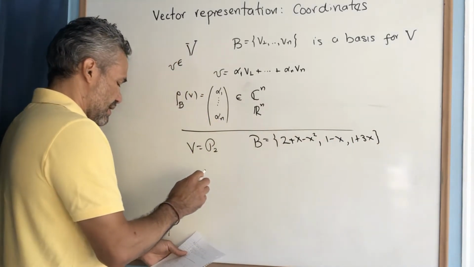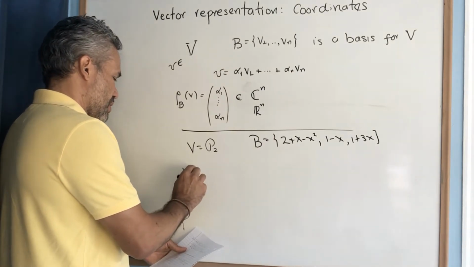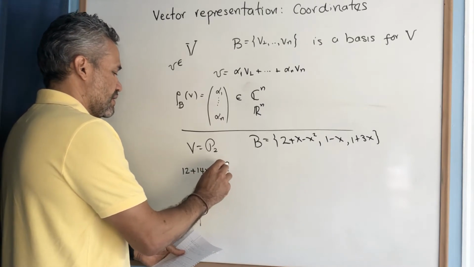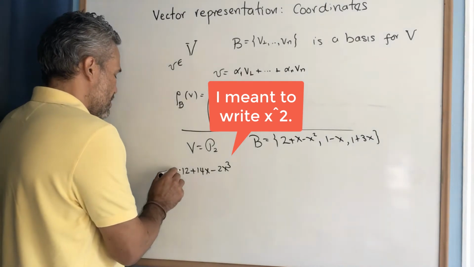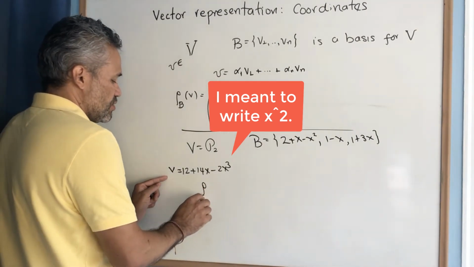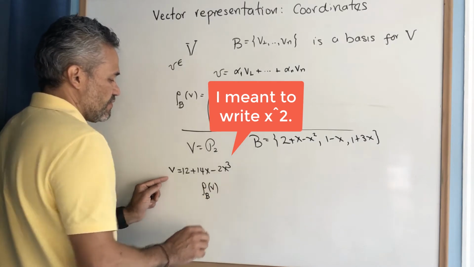And let's take the element 12 plus 14x minus 2x squared. This is our vector v. And let's find the representation with respect to the basis B of this vector.